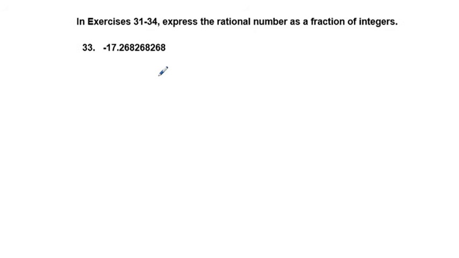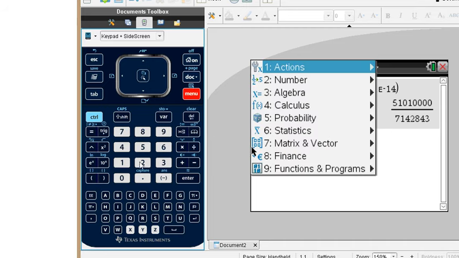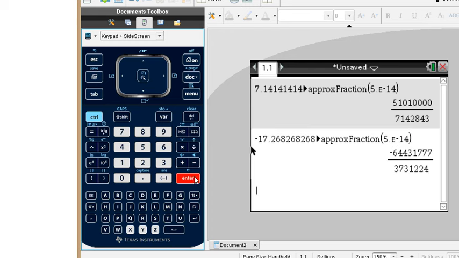We have negative 17.268268268. So 268 is our repeater here. Going to the TI Inspire CX calculator, we put in negative 17.268268268. Same process as before. We press the menu key, 2 for number, 2 for approximate fraction, press enter.